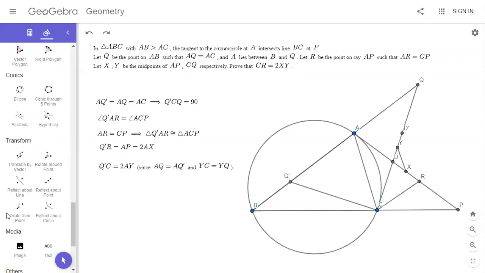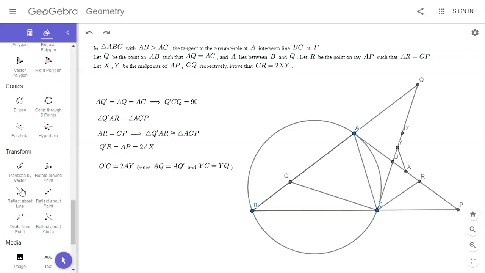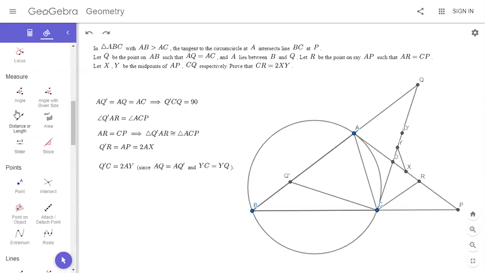Let me check it out using the measurement tool. BQ prime C and AYX.